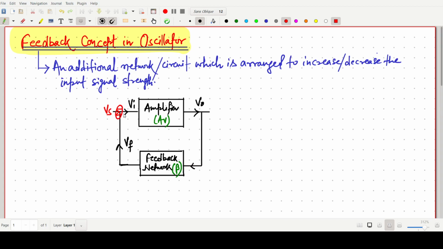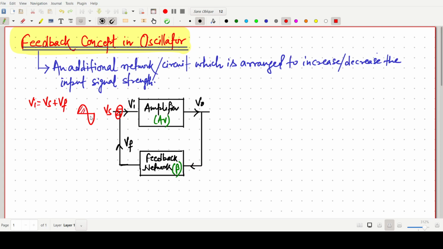Okay, so if we are giving an input, say Vs, and there is some voltage summing circuit. So what we can say, this Vi, if both are positive, Vi equals Vs plus Vf.